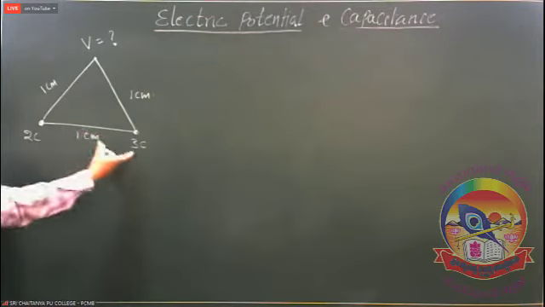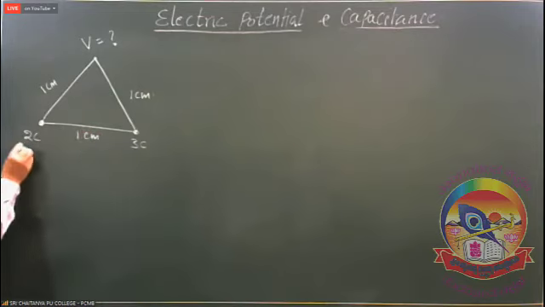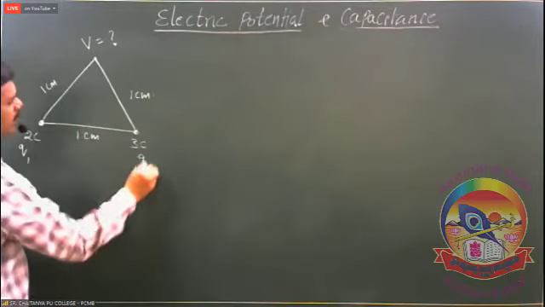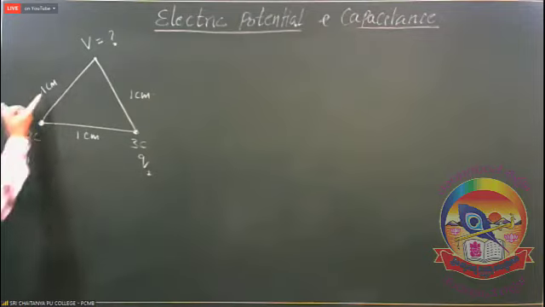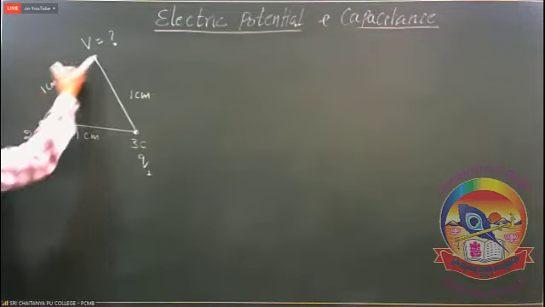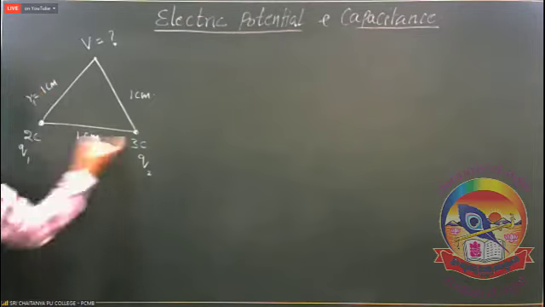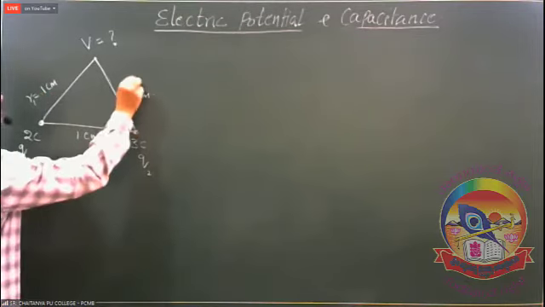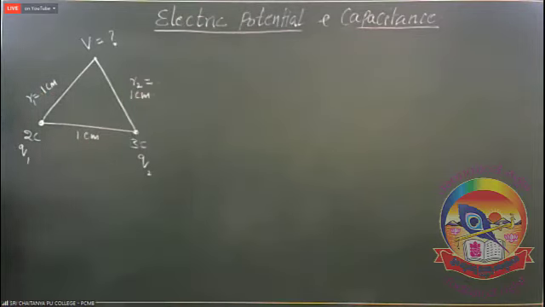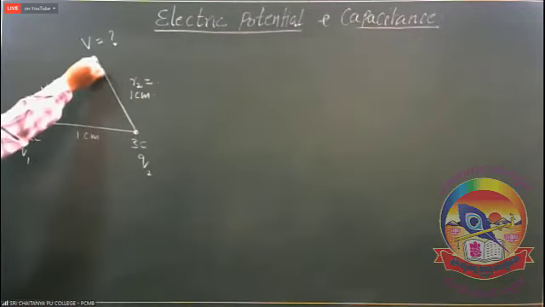Let's take them as Q1 and Q2. From this charge the distance is R1, and from this charge the distance is R2.